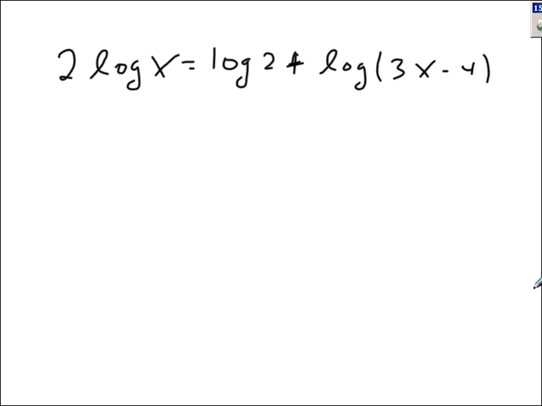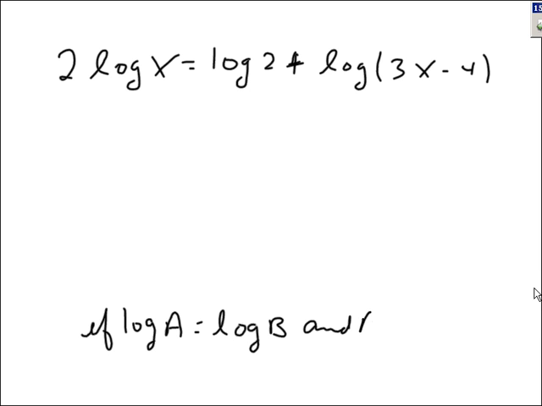What you want to do in this case, since it's only logs, is get one log on the left and get it to equal one log on the right. If log A equals log B and A and B are positive, then A equals B.